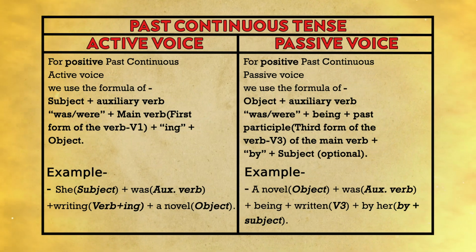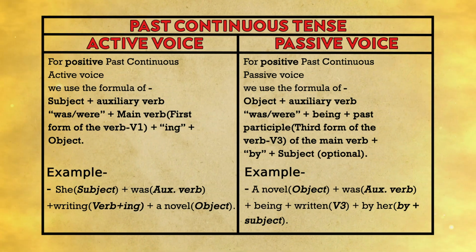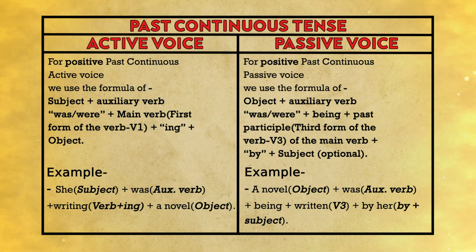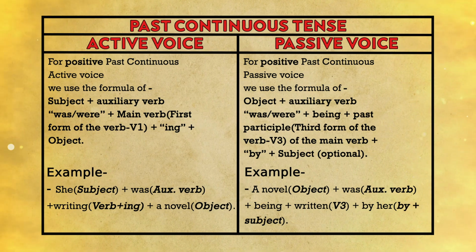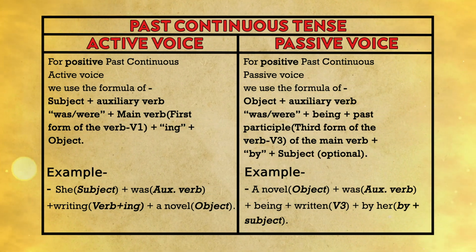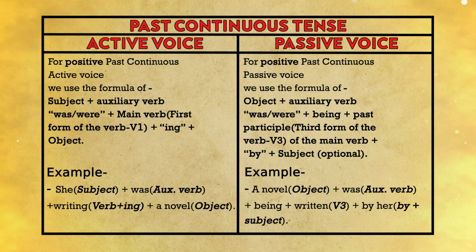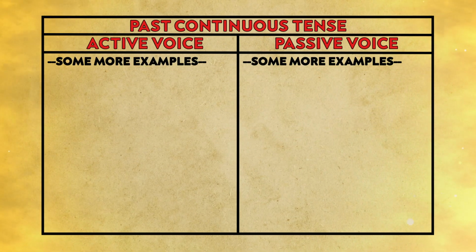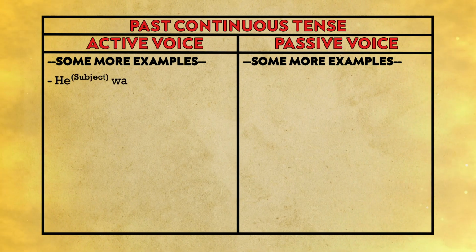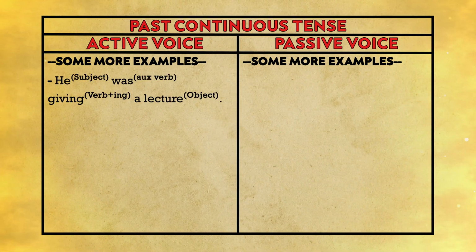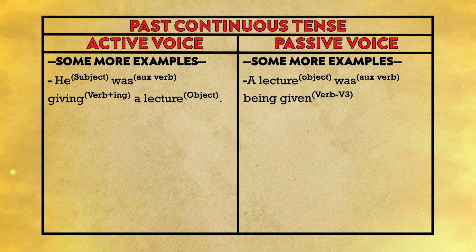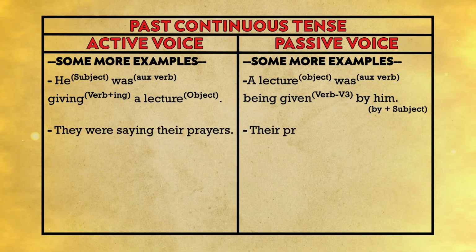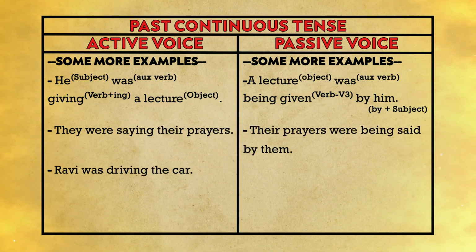A novel is the object, was auxiliary verb, plus being, plus written, that is third form of the verb, by her, which is the subject. Now, some more examples. He was giving a lecture. A lecture was being given by him. For your better understanding, there are more examples on the screen.